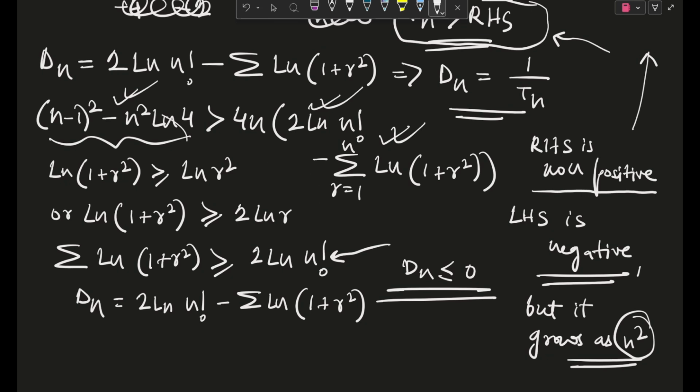Because this thing grows as n square. Grows as n square doesn't mean grows towards the negative side. I mean grows towards the positive direction, towards a more positive value. More positive value means less negative value. So this particular part is growing towards a less negative value than the RHS. So obviously it will be greater. So from this inequality also we can prove our option A is correct.